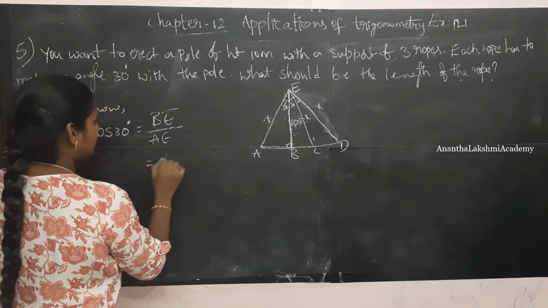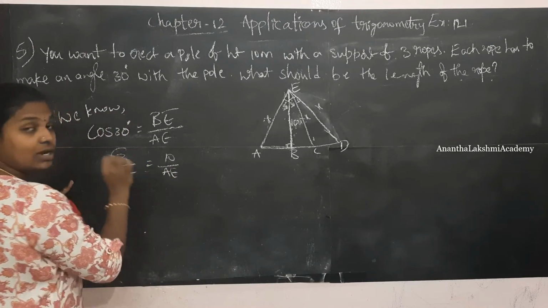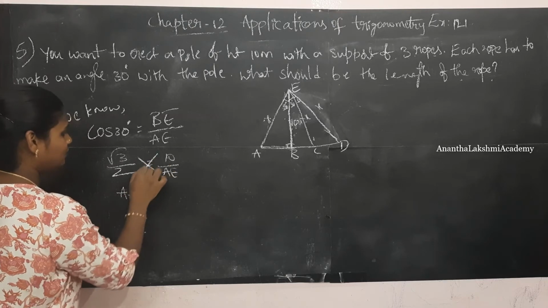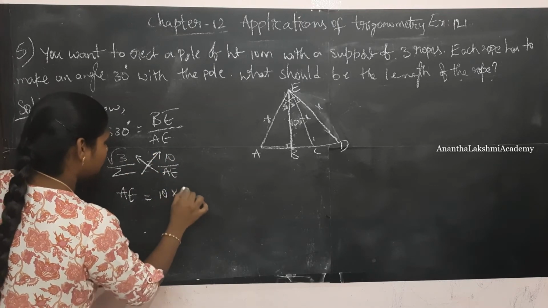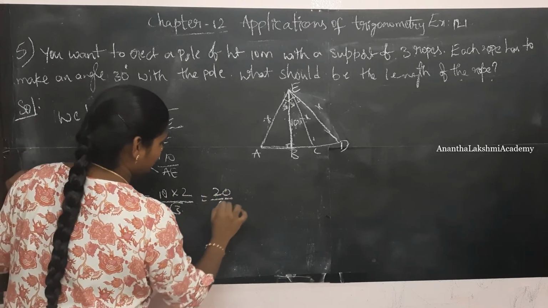What is BE? 10 by AE. This is cos 30 according to our trigonometry table, root 3 by 2. AE is equal to 10 into 2 by root 3, which is nothing but 20 by root 3.